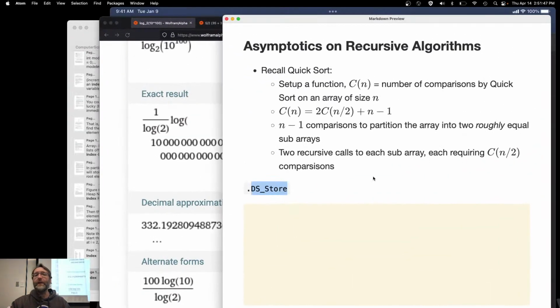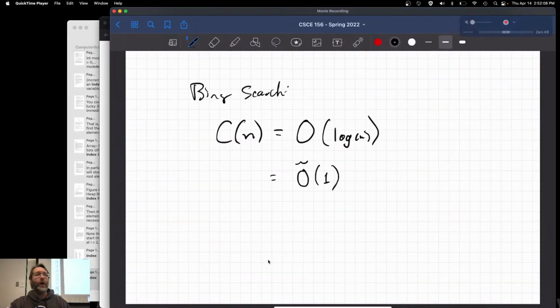You like to go through and sort things because you like fast retrieval. Every search that you make on Google doesn't go out to every single website when you ask for it, right? It has crawlers that go out and index things and then put them into data structures that are sorted so that you can have this order log n, essentially constant time behavior.